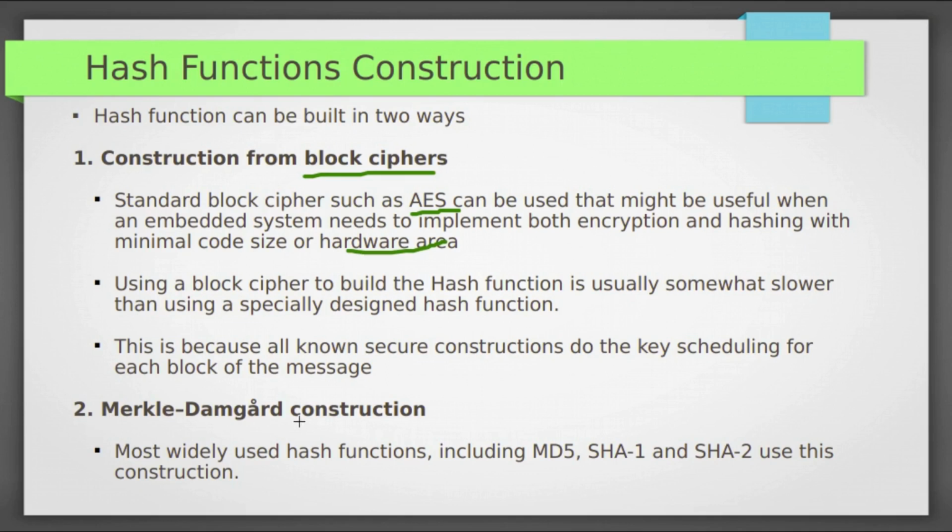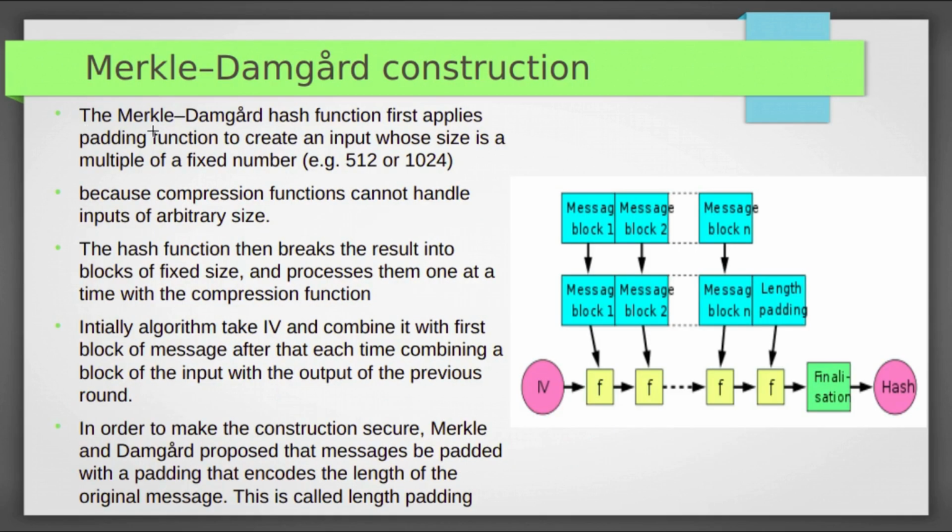Second one, Merkle Damgård construction. It is the most widely used one; MD5, SHA1 and SHA2 use this construction. The Merkle Damgård hash function first applies padding to create an input whose size is a multiple of a fixed number, for example 512 or 1024, because compression functions cannot handle input of arbitrary size.